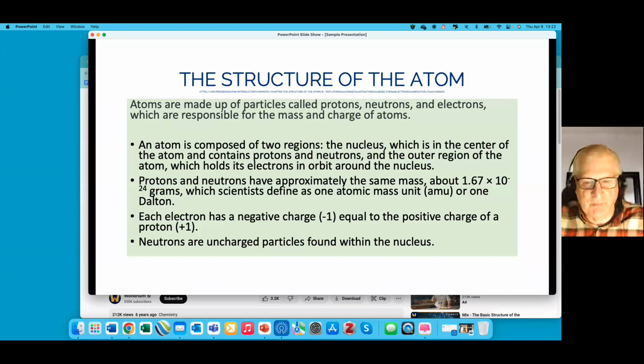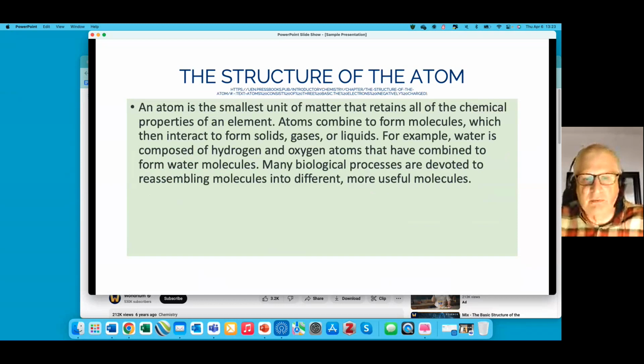Alrighty, we have one negative charge, which is the electron, and a positive, which is the proton. And neutrons have no charge at all, exactly. Then, the atom is the smallest unit of matter that retains all of its chemical properties. If you take the atom and split the atom, it no longer has those same chemical properties. And atoms can form molecules, which are larger groups of atoms, and those can be made of solids, gases, and liquids. Yeah, exactly right.